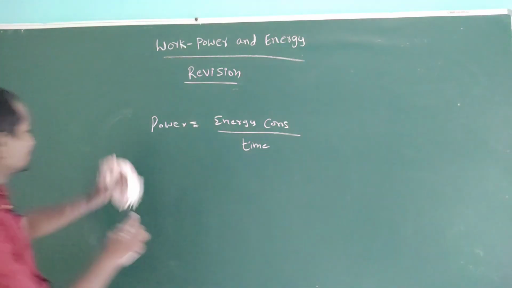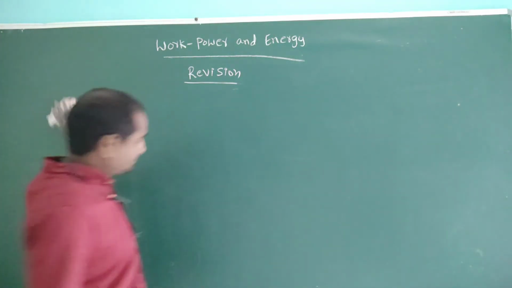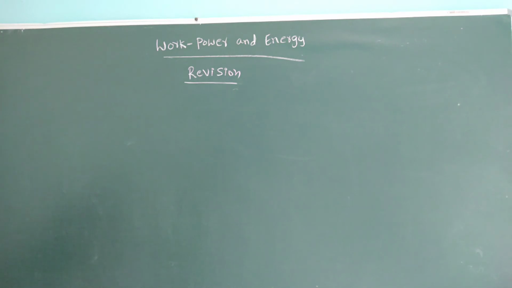Now I will explain one problem for power. An electric motor exerts a force of 40 newtons on a cable and pulls it a distance of 30 meters in 1 minute.